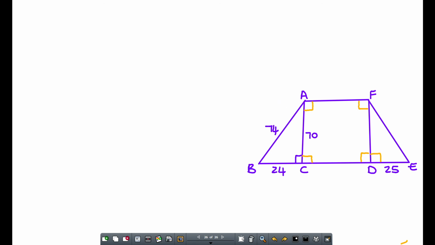Okay, so let's read the question again. If ACDF is a square, why is triangle FDE a right-angled triangle? You should say, and you could have written it in words, number 2: all angles of squares are 90 degrees, right?